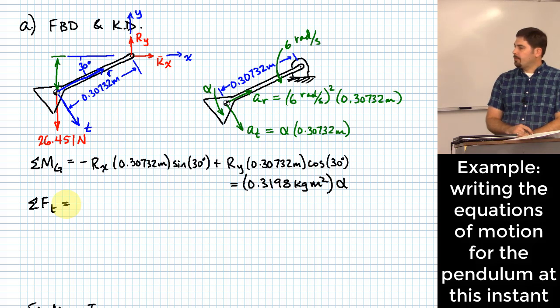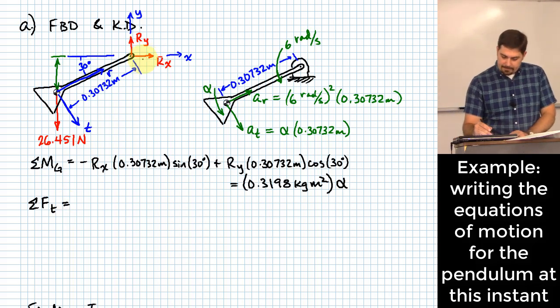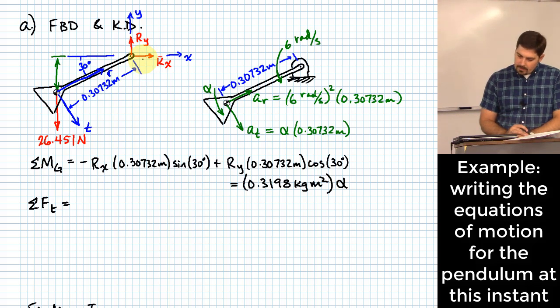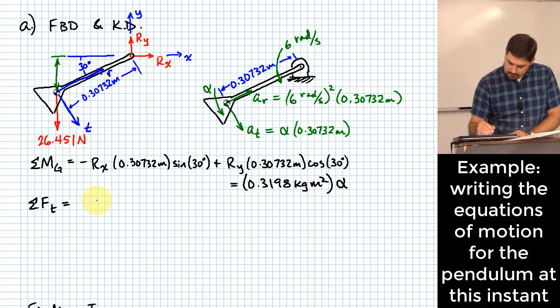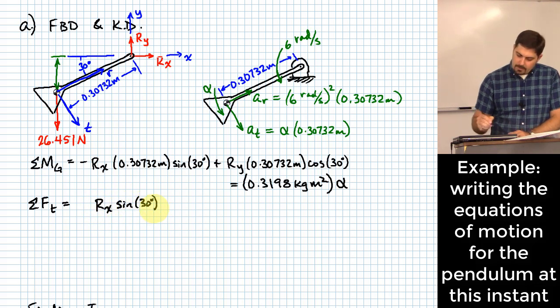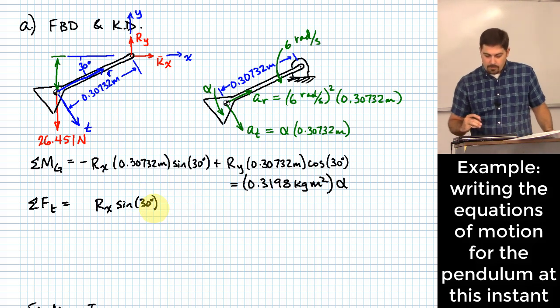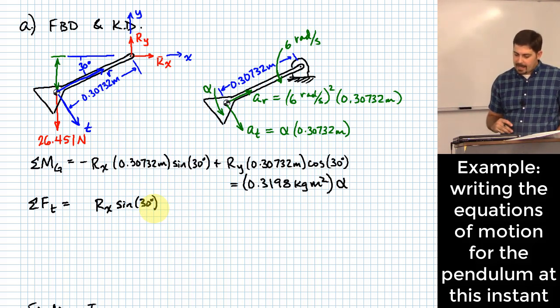I need to evaluate all of my components of force that align with that t-axis. So first I'll look at maybe Rx. It looks like I would need to multiply by the sine of 30 degrees to figure out the component of Rx that maps onto the t-axis there. Positive or negative? Okay.